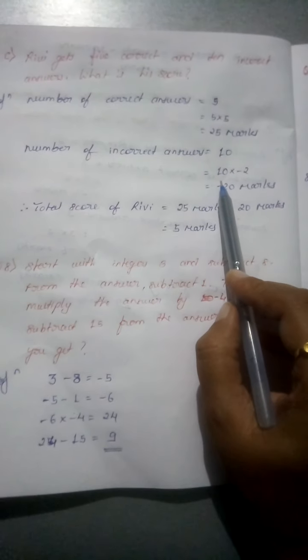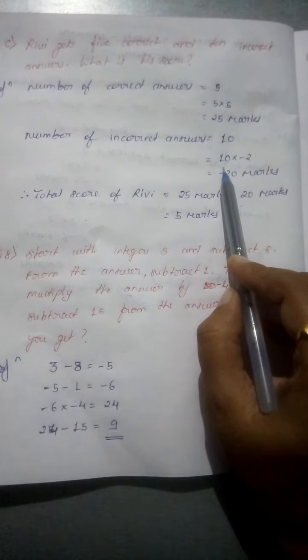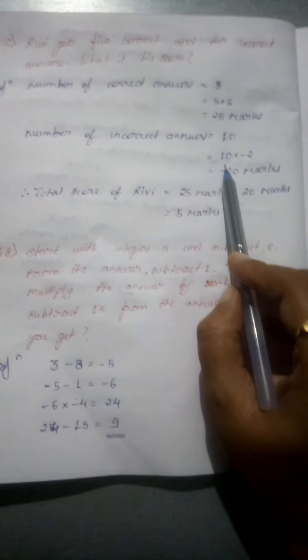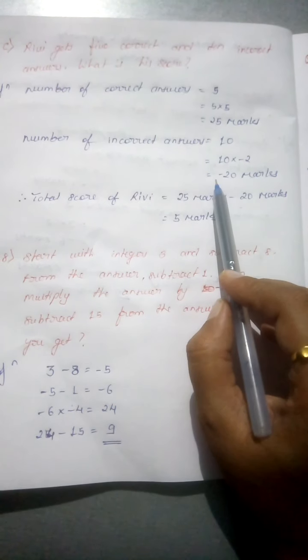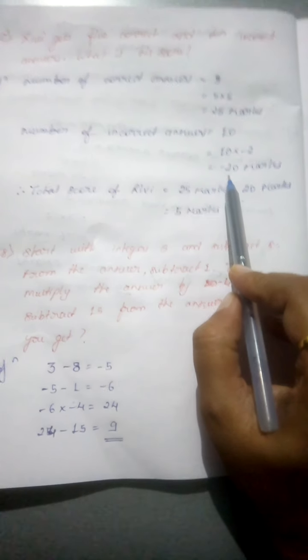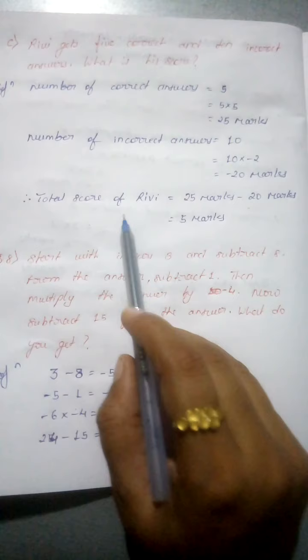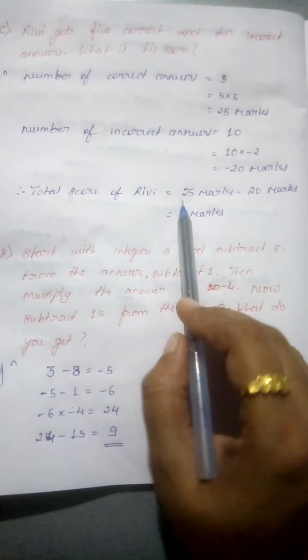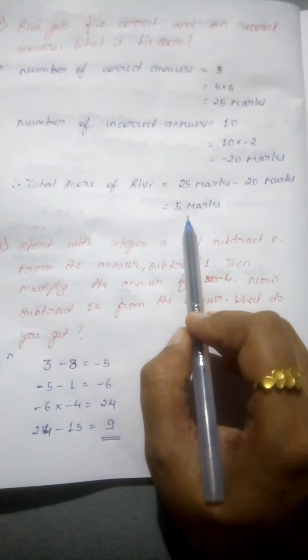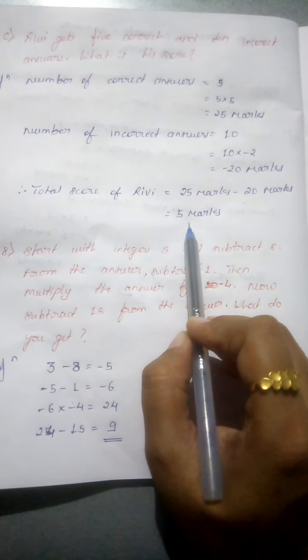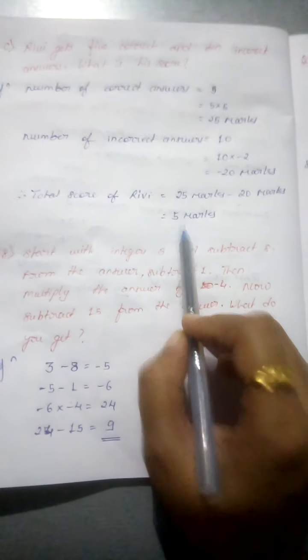For incorrect answers -2 marks are awarded, so we multiply 10 with -2, and 10 into -2 equals -20 marks. The total score of Ravi equals 25 marks minus 20 marks, which equals 5 marks. So total marks got by Ravi is 5.